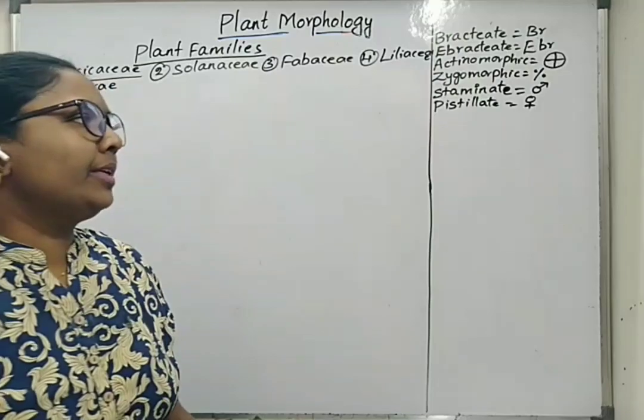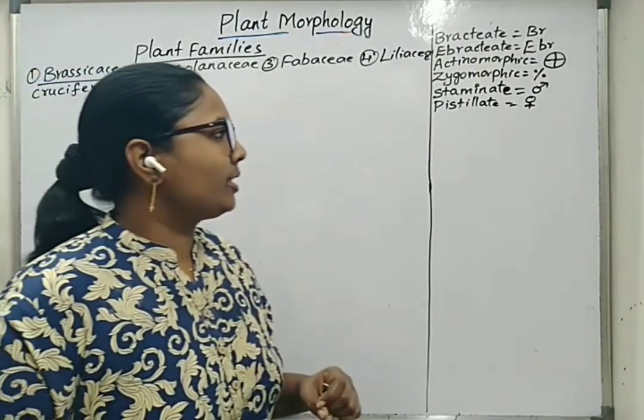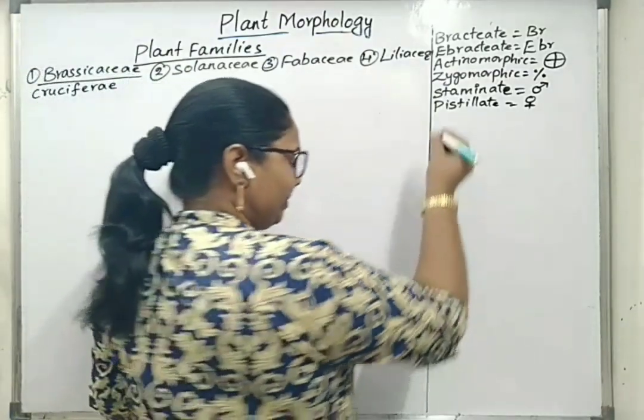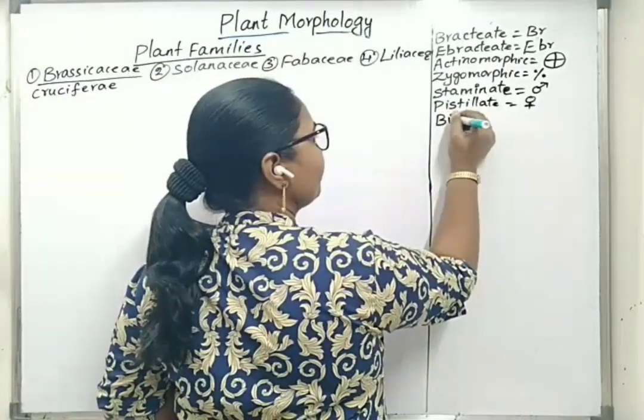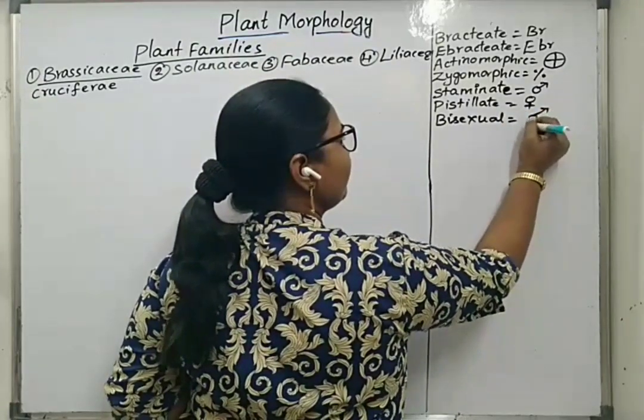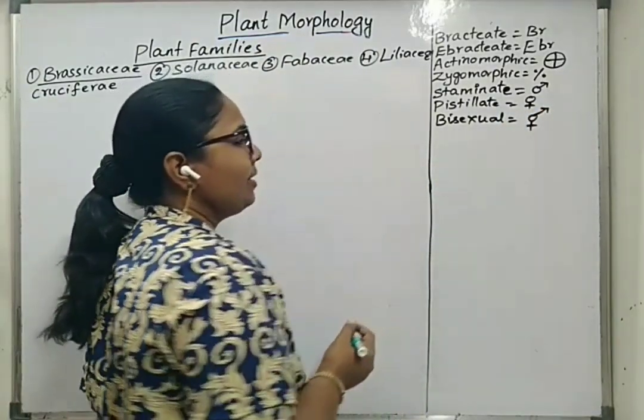If a flower is having both male and female reproductive structures, that is stamen and pistil, they are called bisexual flowers.